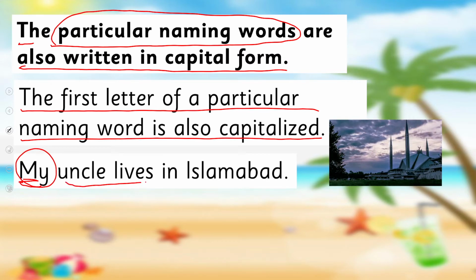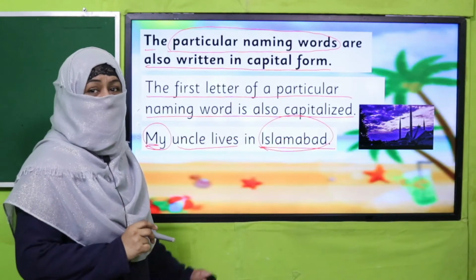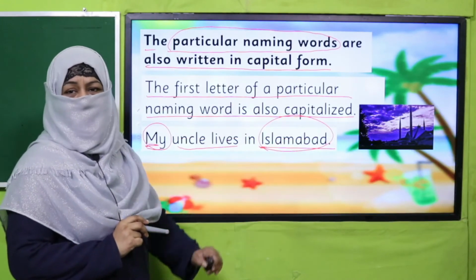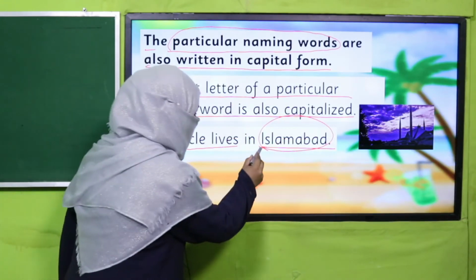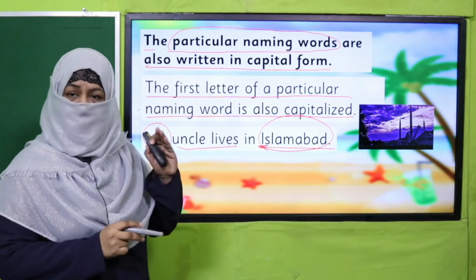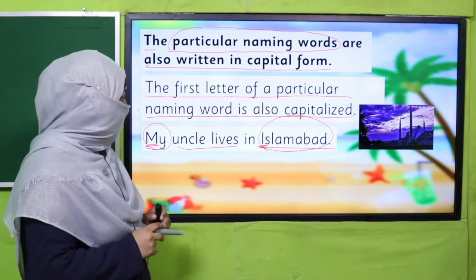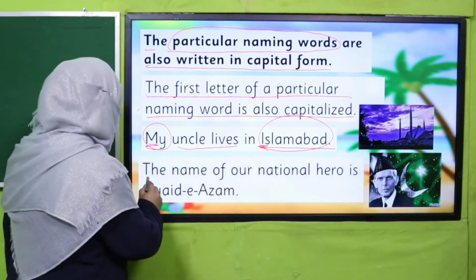My uncle lives in Islamabad. Now why this I is capital? Because Islamabad is a particular name. We know it's a particular name of a beautiful city in Pakistan, right? So whatever the name of a particular place is, it will always be written with a capital letter.